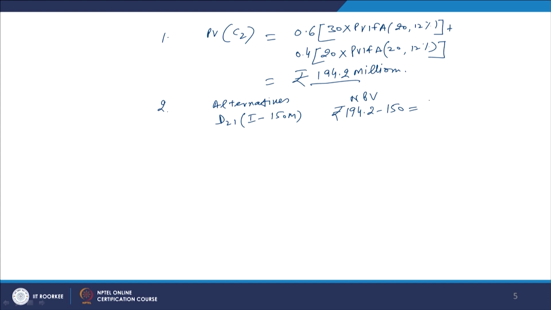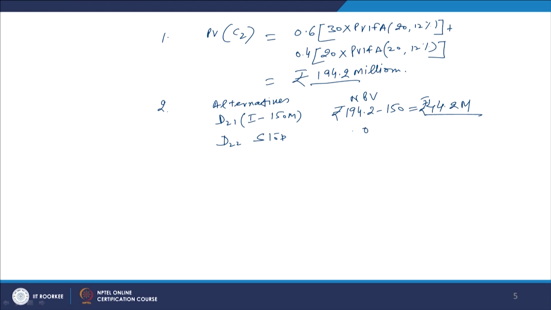So, NPV is going to be how much? 44.2 millions rupees. So, this is the decision in favor of D21, and in case of D22, what does it say? It says stop, no investment is required to be made. So, there is no question of calculating the NPV here.